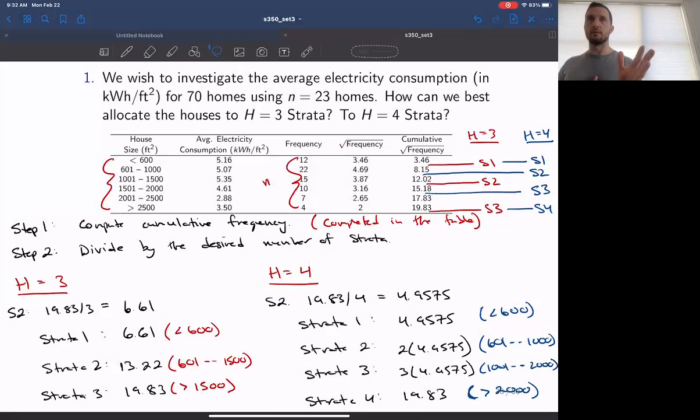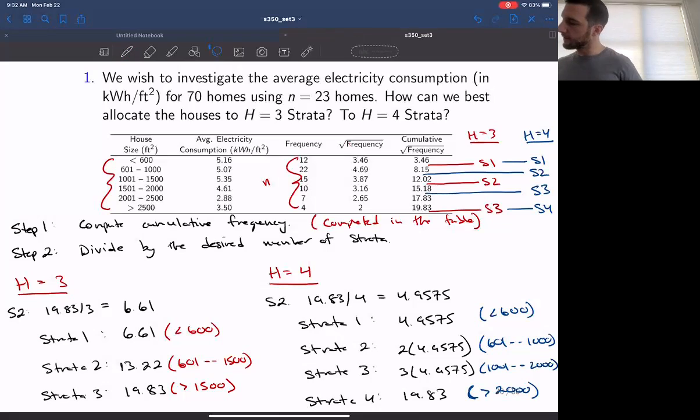Any questions? Why is it greater than 1,500? Because we have, for strata, I think it should be both bigger than 2,500.